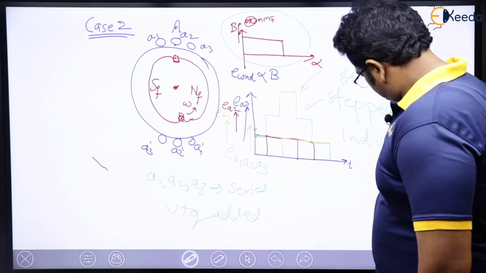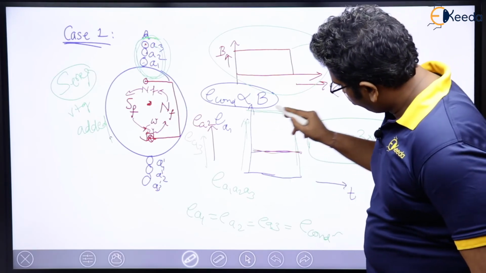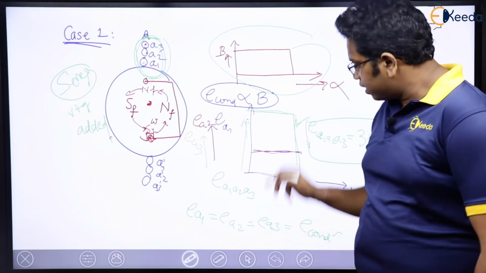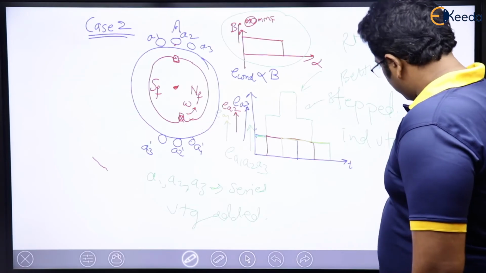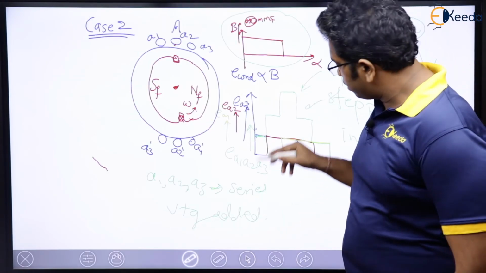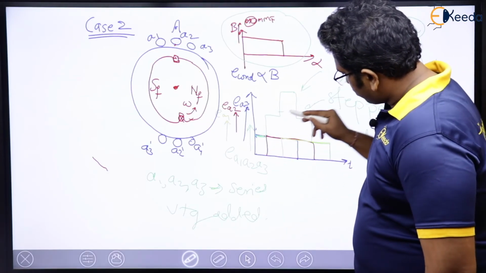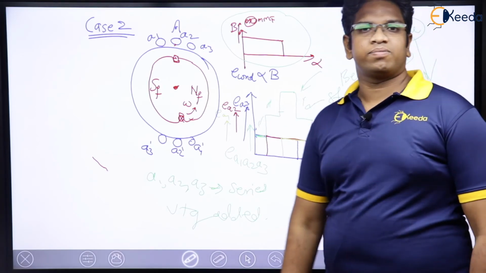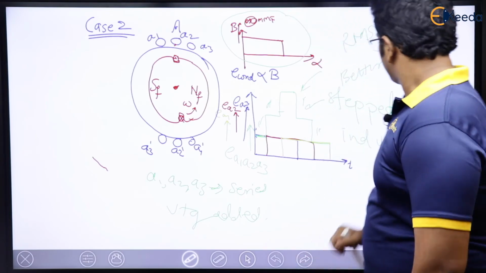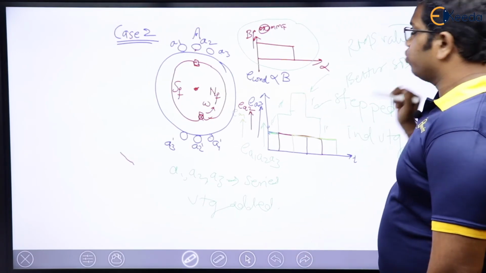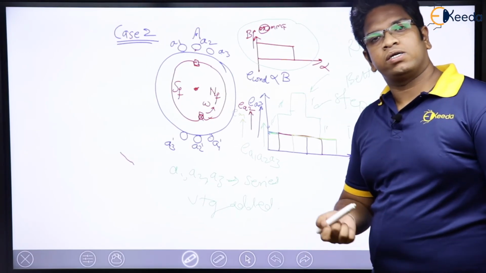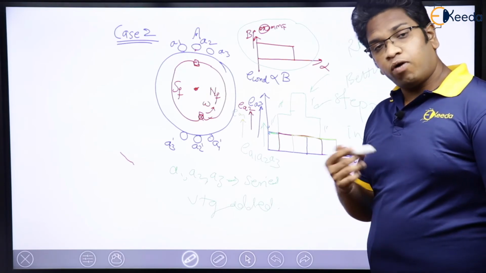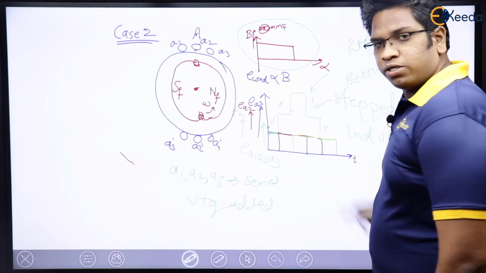See here, previously I had this whole block like this. But here, these pieces are cut. I hope you are getting the point. So the RMS value will be decreased. What is another disadvantage related to this?